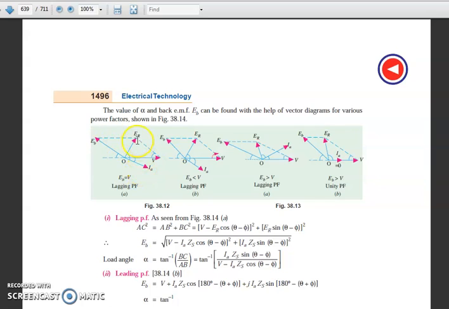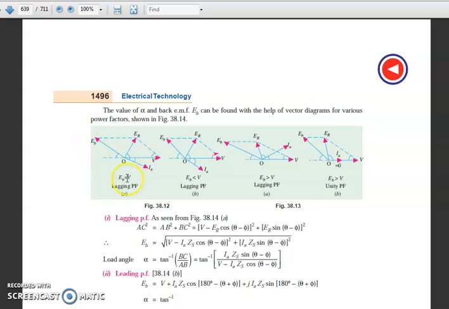So this ER is nothing but a resultant EMF, which is the resultant of supply voltage V and the back EMF EB.